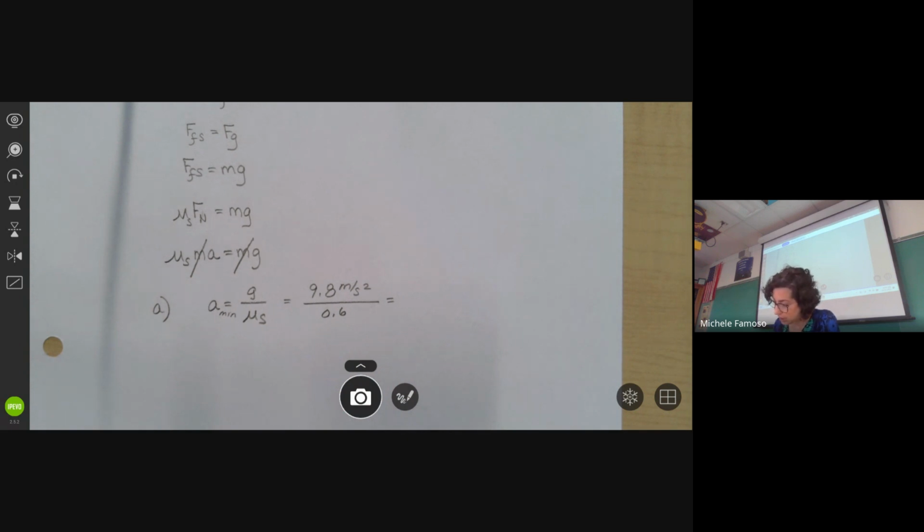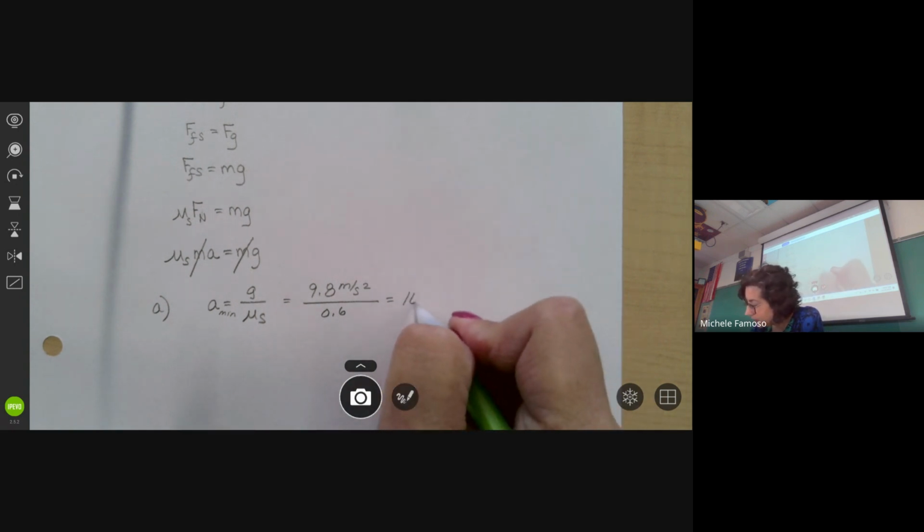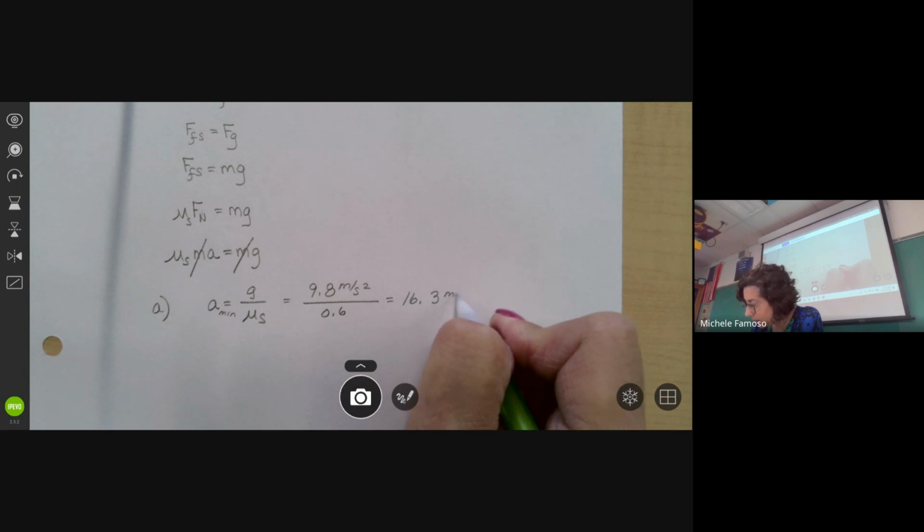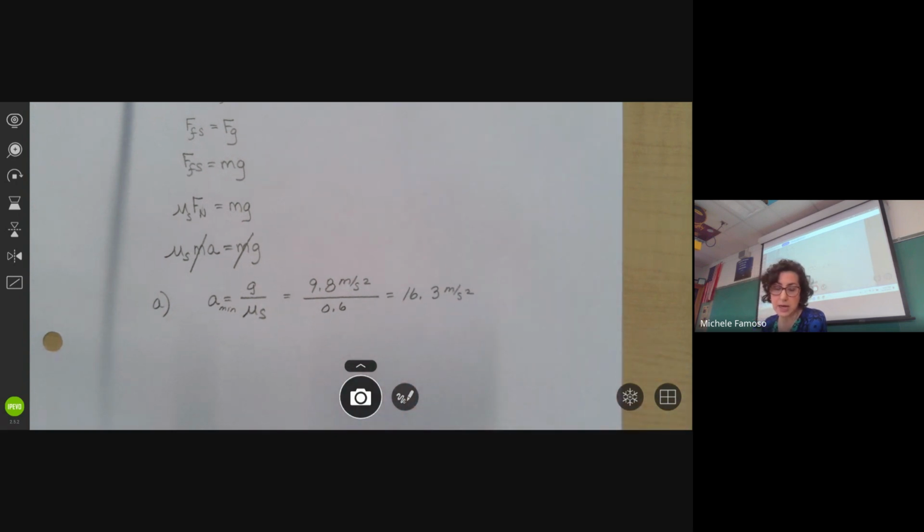So 9.8 divided by 0.6 gives me an acceleration of 16.3 meters per second squared. It's got to be at least 16.3 meters per second squared. I think I said 16.4. That was when I calculated using 9.81, which we know for the AP exam, we want to use 9.8 instead of 9.81. Okay, so that is your minimum acceleration.